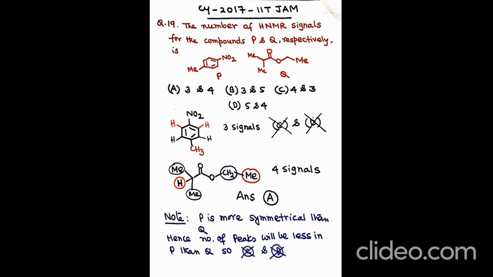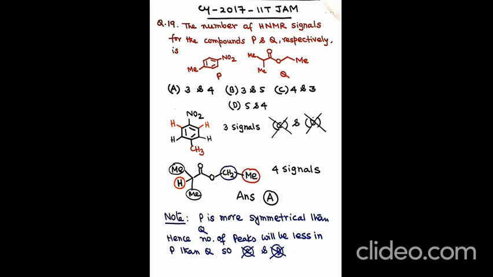First, to begin with, let us pick up the P. Now P is a para-disubstituted compound. So if you see that compound, P will give the three signals. One signal is CH3, another signal is ortho to CH3, and that another one is the ortho to nitro group. So this compound will show three signals in its HNMR.